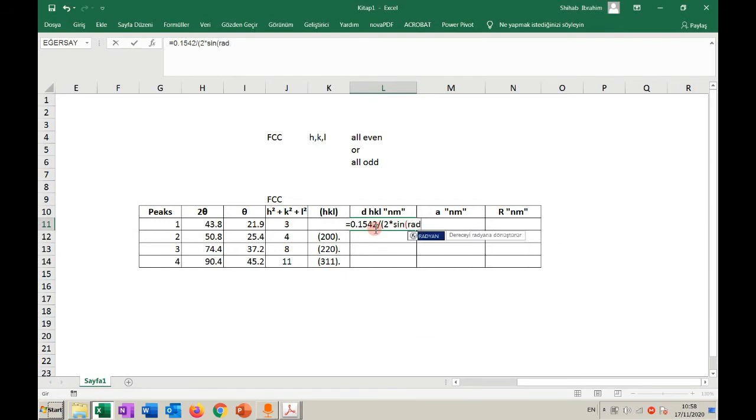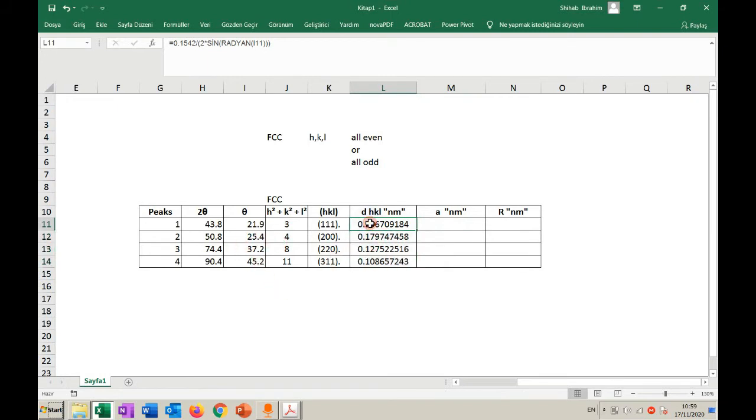Don't mind the way I'm writing it here, this is something different. So if you do the calculation, you'll get this answer. Then you can do the same for the rest of the other peaks.